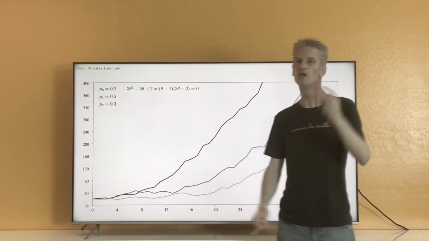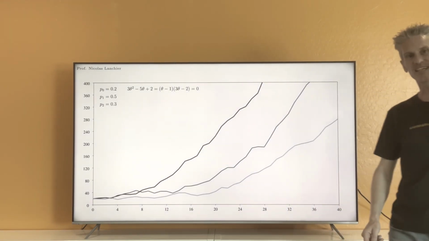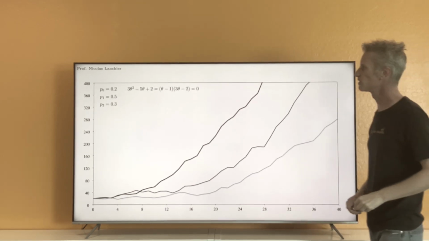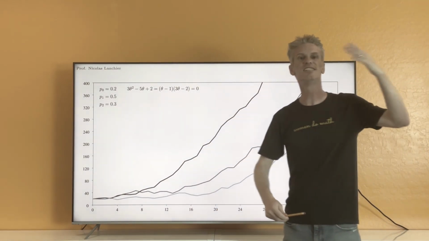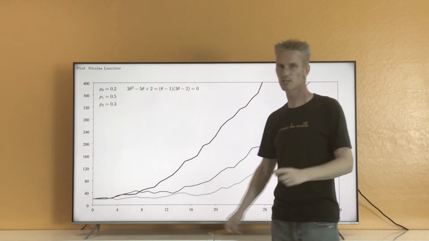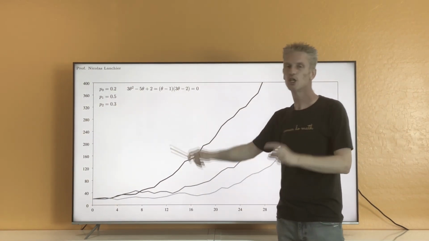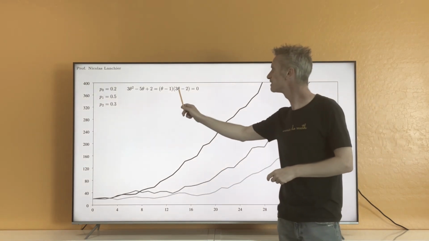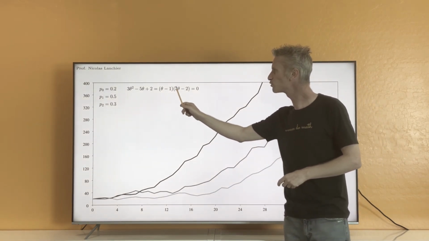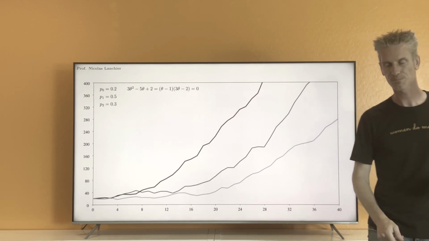So that gives you two fixed points, exactly like in the picture in the previous slide. The first fixed point, which is always a fixed point, is theta equals 1. The other fixed point is theta equals 2/3. You need to take theta equals 2/3 to make this equal to 0.